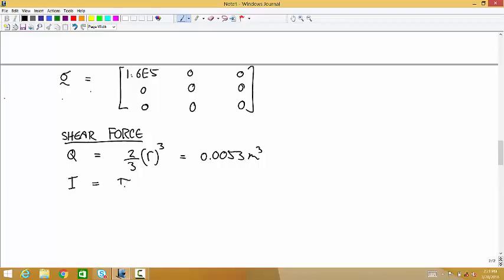I is equal to pi times the radius to the 4th over 4. And for that one, you get 1.257 times 10 to the minus 3rd meters to the 4th.